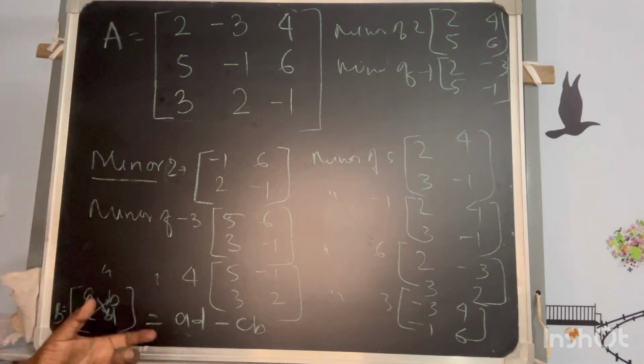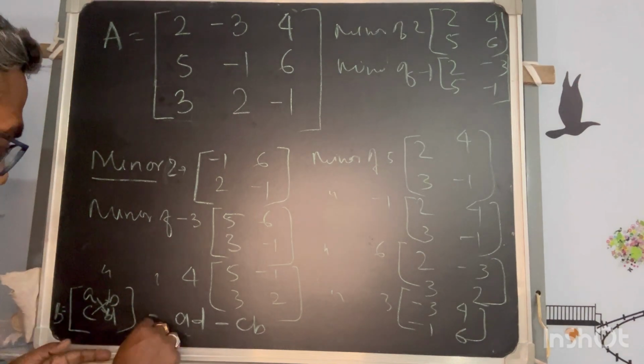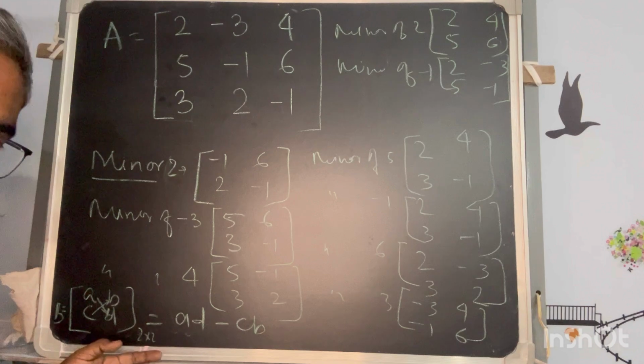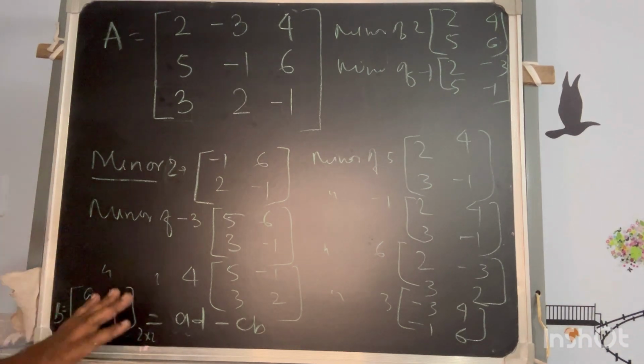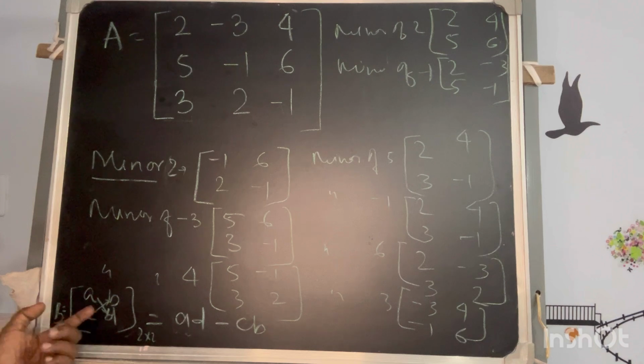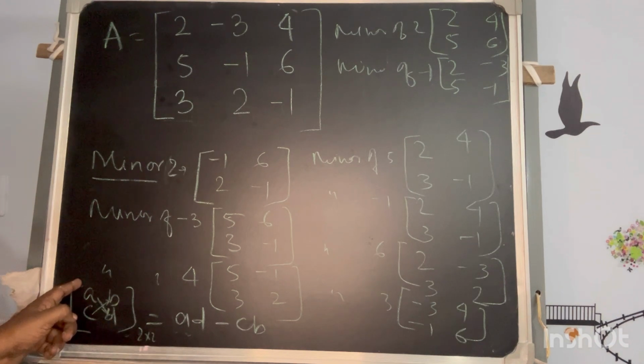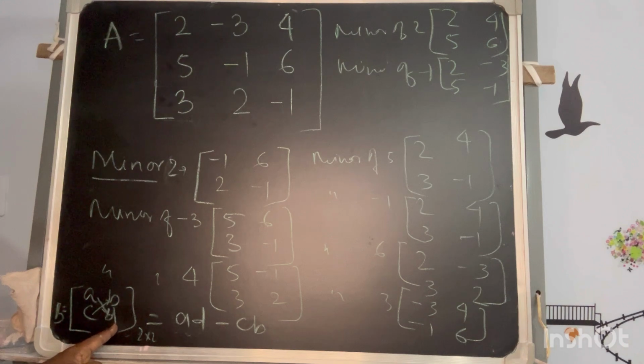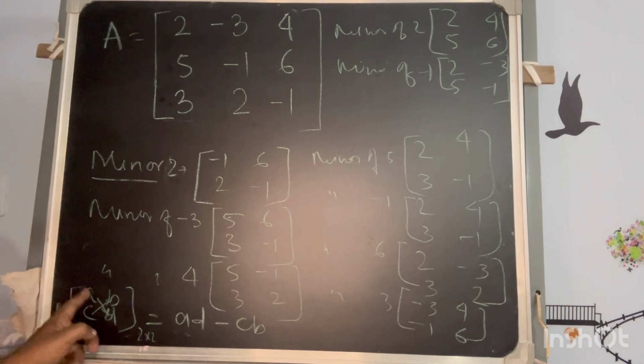I will show how to expand it if it is more than a 2 by 2 order. For 2 by 2 order, you multiply the top left into the bottom right, then minus the other cross product.